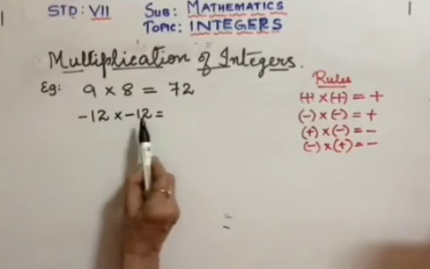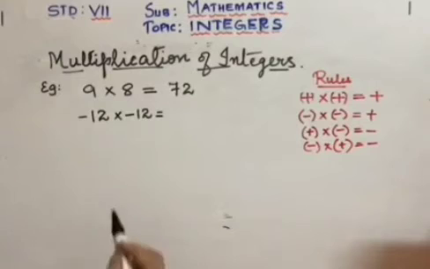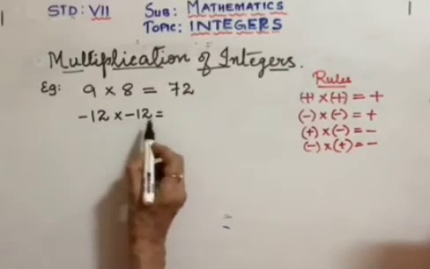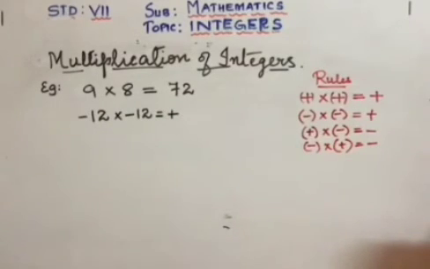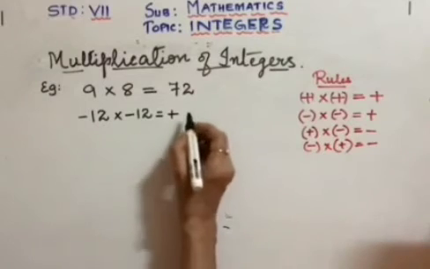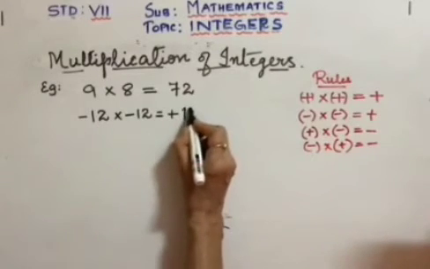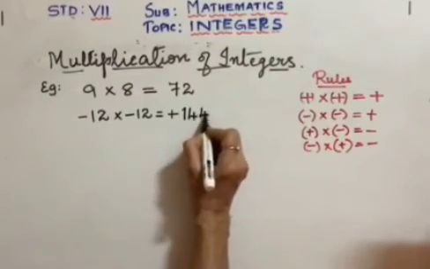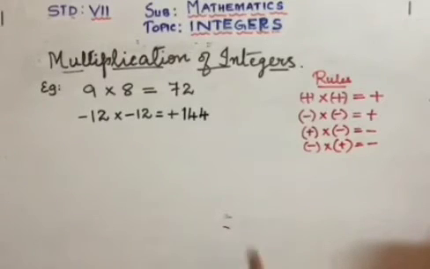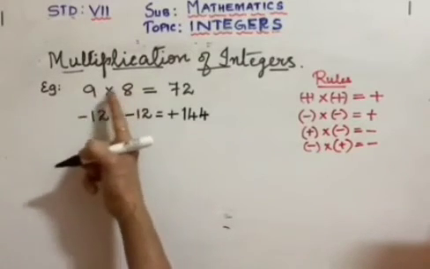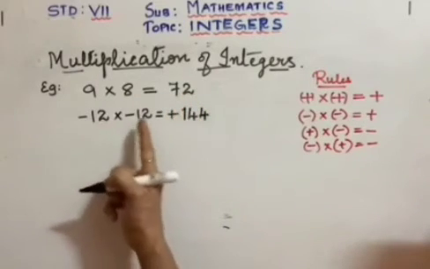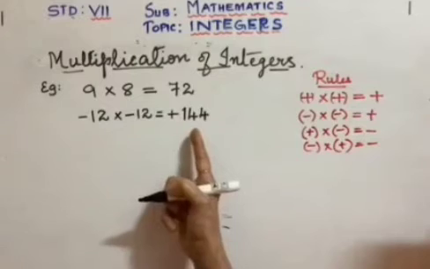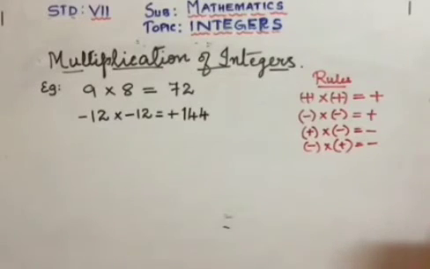So minus 12 into minus 12. What we do is, first we multiply the signs. Minus into minus is plus. Even if we don't write this, doesn't matter. 12 into 12, children, 144. So positive integers, when multiplied, give positive answers. The product of two negative integers is again positive.